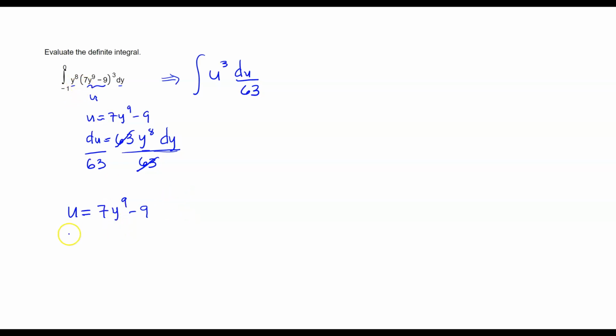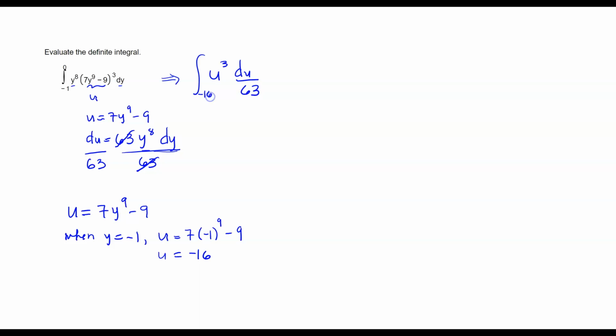So we can do when y is equal to -1, your u is equal to 7 times -1 to the 9th minus 9. And -1 to the 9th, that's odd. So that means that's equal to -1 times 7 is -7. So that's equal to -16. So u in this case is -16. So when y is -1, u is -16.